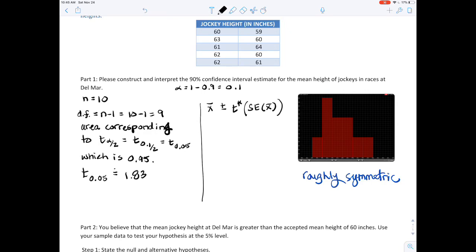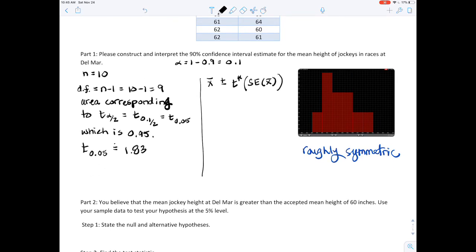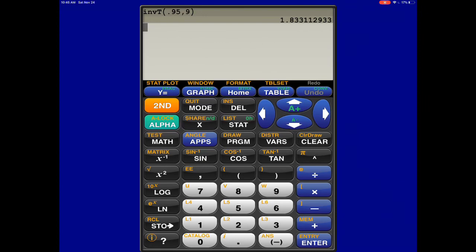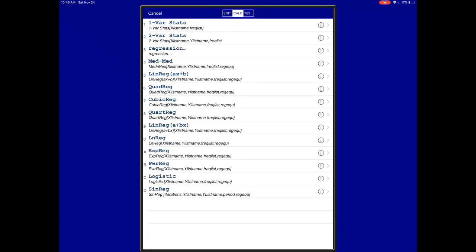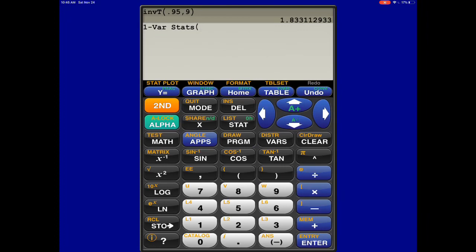So we still need a couple things, don't we? To do so, why don't we use our one variable statistics under the calculate menu? We'll go to stat. Now we want to go to calculate, right? And we calculate the one variable stats for list 1. So list 1 is here.